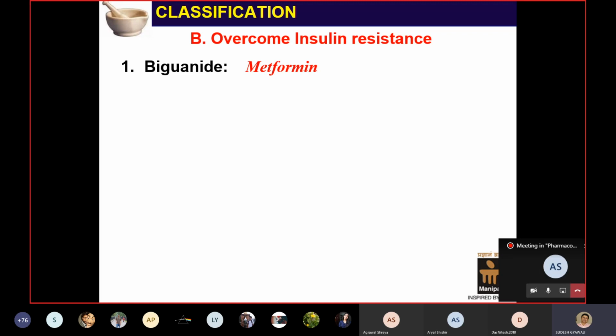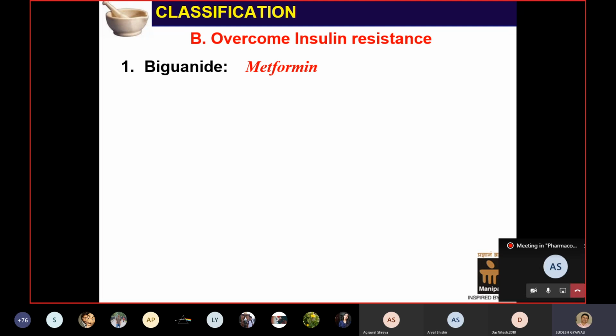Nowadays, when you diagnose type 2 diabetes mellitus, the first and foremost drug to be given is metformin. Metformin is very much preferred, okay. Unless there is a contraindication, all of the patients are kept on metformin. There are a lot of advantages of metformin, and we will be talking about that, okay.